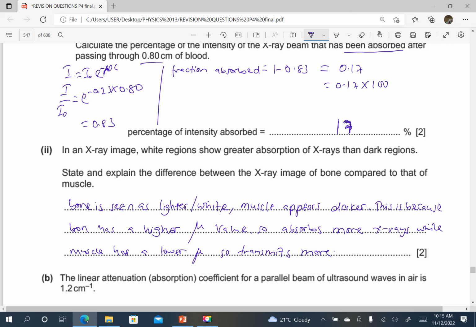So because bone has a higher value of mu, it will absorb more X-rays, while muscle has a lower value of mu, so it will transmit more X-rays.